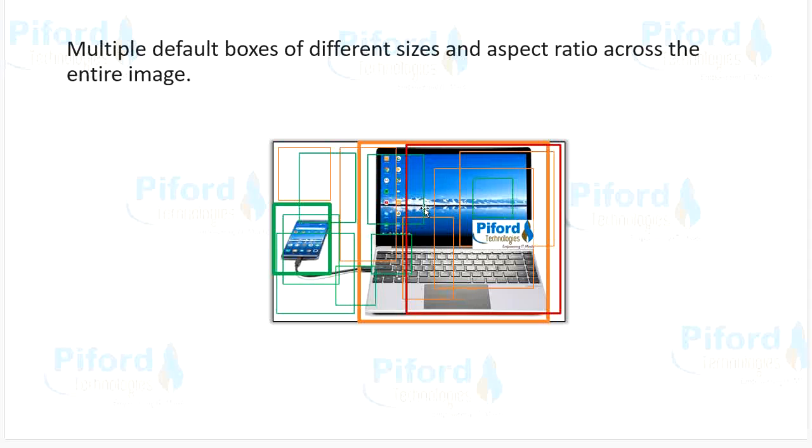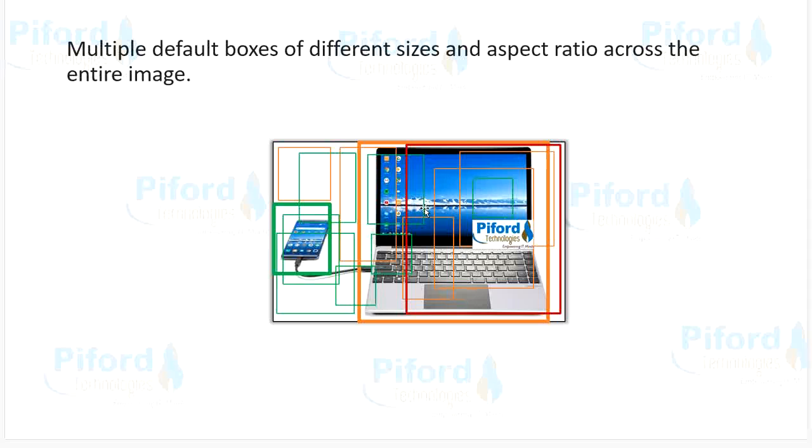SSD is using so many boxes. Why? It is simply for better coverage of location. This process will help us find the box that overlaps the ground truth bounding box. Why are we tiling this many bounding boxes on the image? Just because we want to find the box which has the highest overlap with the ground truth box.